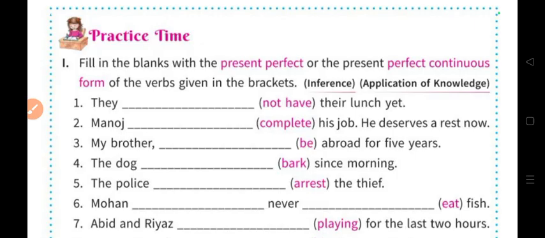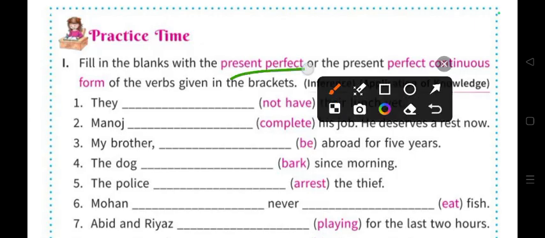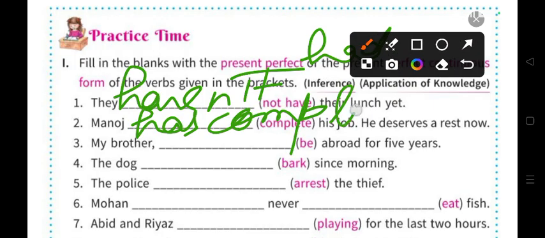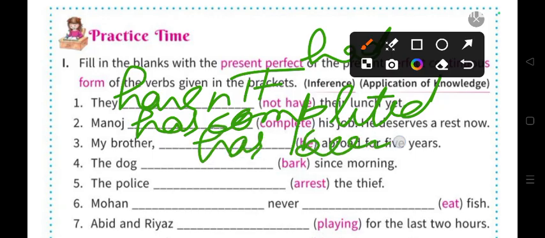Alright, so this one we are supposed to do either in present perfect or present perfect continuous tense. So let's do this. They haven't had their lunch yet. Now Manoj has completed his job. Next one, my brother has been abroad for 5 years.